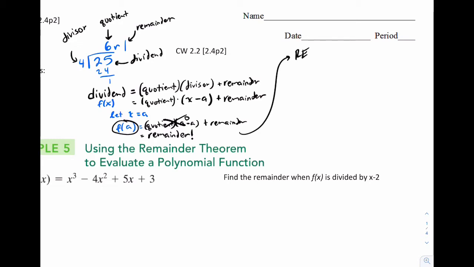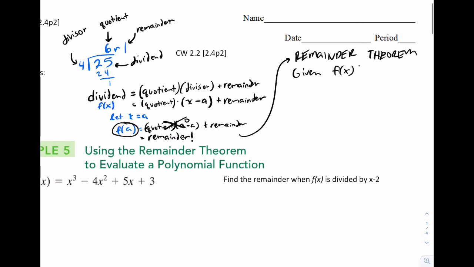So let me write this out for you. Remainder theorem. What the remainder theorem says is that given f of x divided by x minus a, f of a is the remainder.